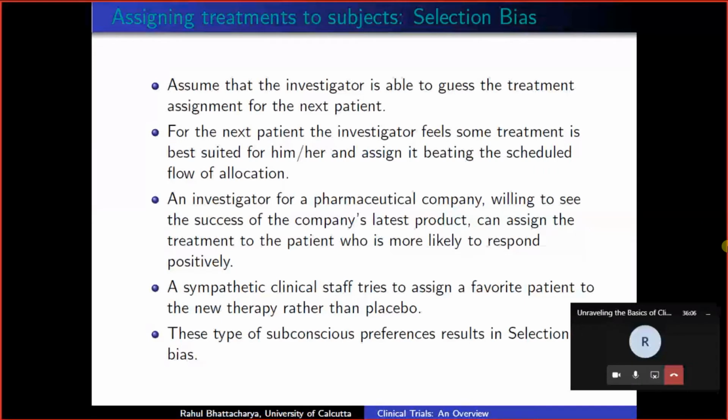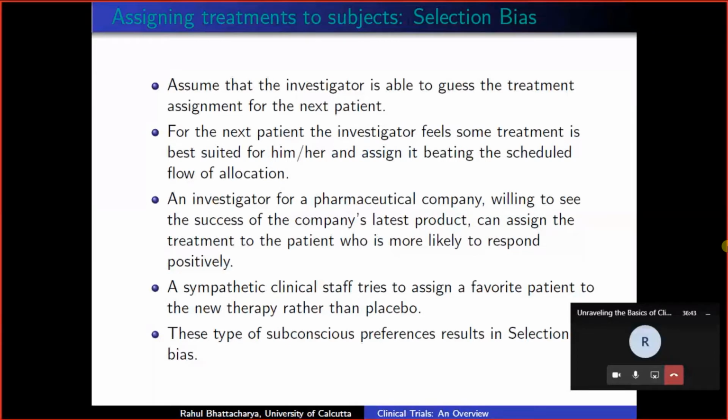Next, a sympathetic clinical staff member tries to assign a favorite patient to the new therapy rather than placebo. Say some patient comes to the clinician a number of times, so the staff is sometimes sympathetic to this patient. There are two treatments. One is the new therapy and the other is placebo, and you can recall that placebo has some psychological effect or no effect at all.